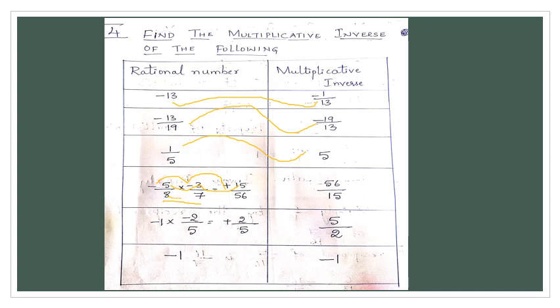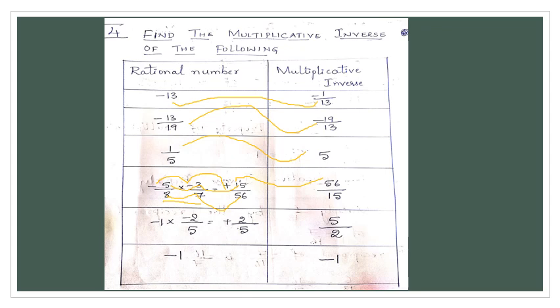Then 8 7s are 56. So the simplified form of minus 5 by 8 into minus 3 by 7 is plus 15 by 56. So the multiplicative inverse of plus 15 by 56 is 56 by 15. Plus symbol remains as it is, 56 by 15. Here only the change in the numerator and denominator.